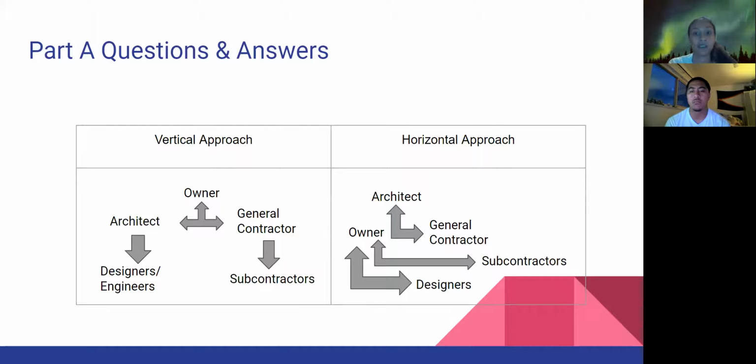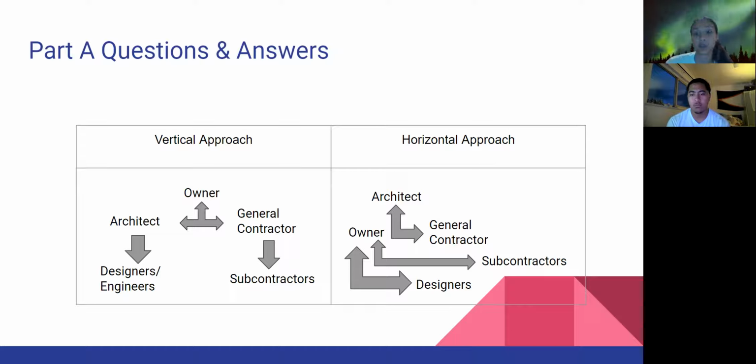So here we have a diagram of the vertical or standard approach versus the horizontal approach that our owner is using in this situation. As you can see, for the vertical approach, the owner hires an architect and a general contractor, and the architect actually hires the designers and engineers, while the general contractor is responsible for hiring the subcontractors and material suppliers.